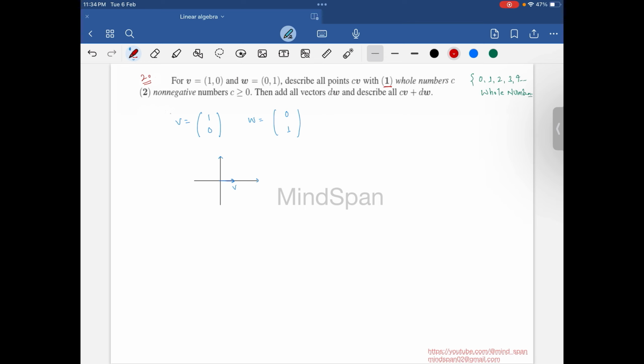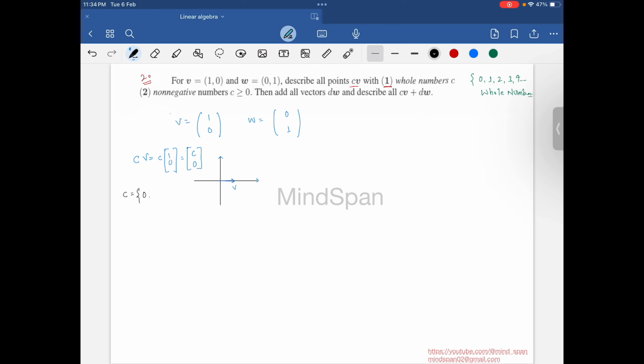First, let's look at the first one: describe all the points cv. What will be cv? We are only doing scalar multiplication with this vector v. So cv will be c times v, that is c times 1 0, which is c 0, right? And what values of c can we take?